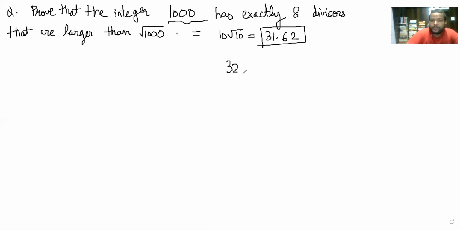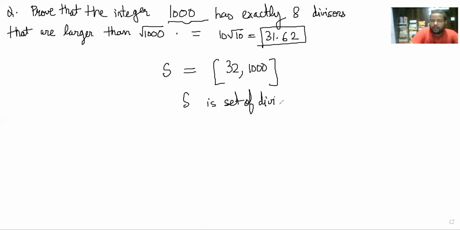So from 32 to 1000, I have to check which ones are divisors of 1000, and I have to count that set. So let's say this set was S. S is the set of divisors of 1000 from 32 to 1000, right?